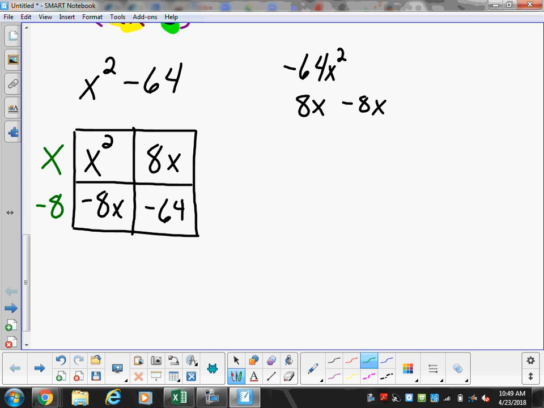Okay, in this column here, x squared and negative 8x. Still again, just x. And then this 8x and this 64 will be the positive 8 because of the x term being positive. So my factors are x minus 8, x plus 8.